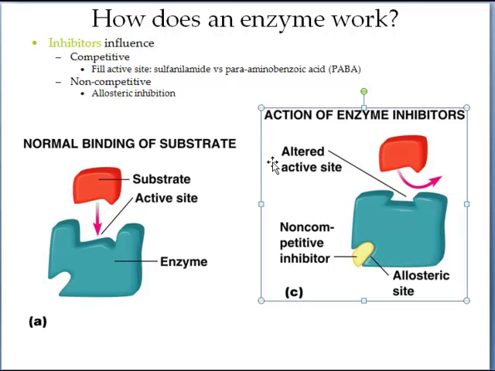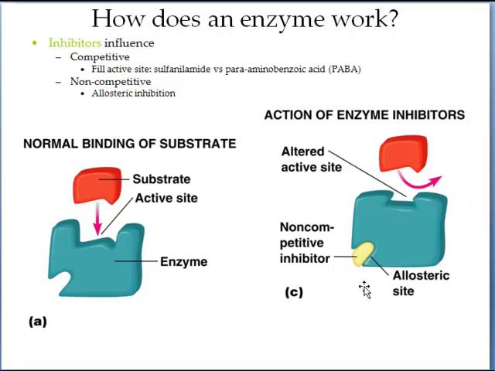Non-competitive inhibition is that they do not compete with the substrate for the enzyme active site, and instead they will interact with another part of the enzyme, that's actually an allosteric site, that they will block, another site on the enzyme, which is called the allosteric inhibitor. I usually give best examples to remember these.